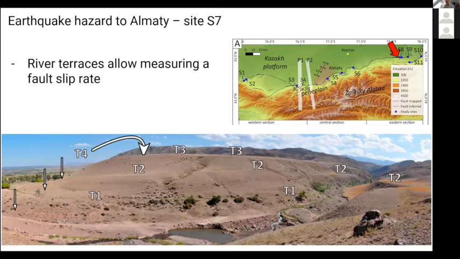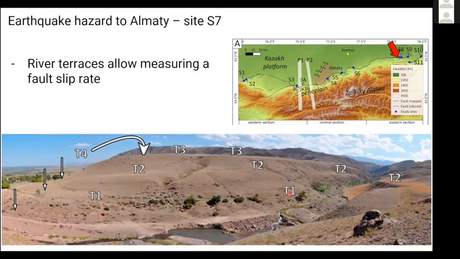And it turned out that the best site for that is over here, where this little river comes from the mountains and flows into the flat Kazakh platform. And this river has incised, eroded into the terraces and left this beautiful terrace system behind.